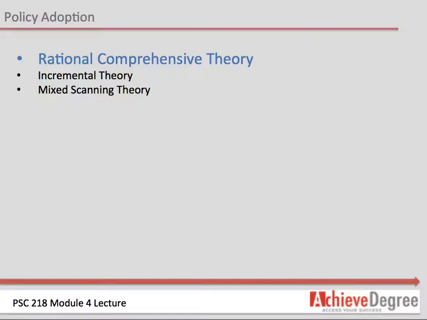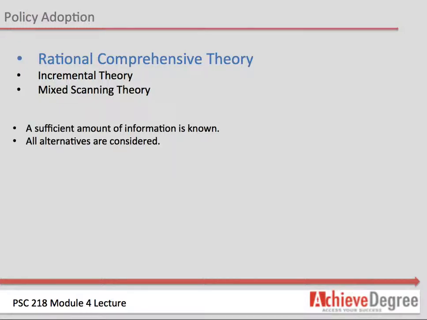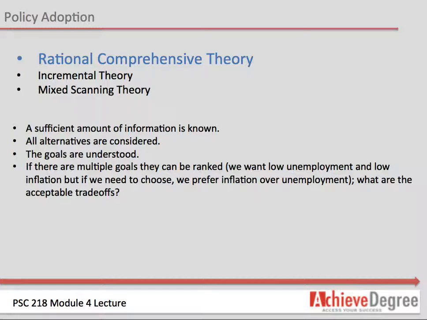The rational comprehensive theory makes a number of assumptions, including the following. A sufficient amount of information is known. All alternatives are considered. The goals are understood. If there are multiple goals, they can be ranked. We want low unemployment and low inflation, but if we need to choose, we prefer inflation over unemployment.